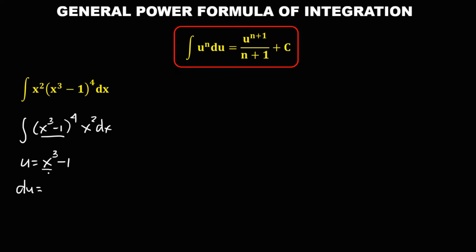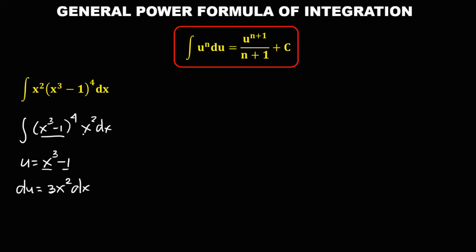For the derivative of x to the power 3, this one is 3x, then minus 1 for the exponent, so 3x to the power 2. And the derivative of a constant is 0. So we have 3x squared dx.